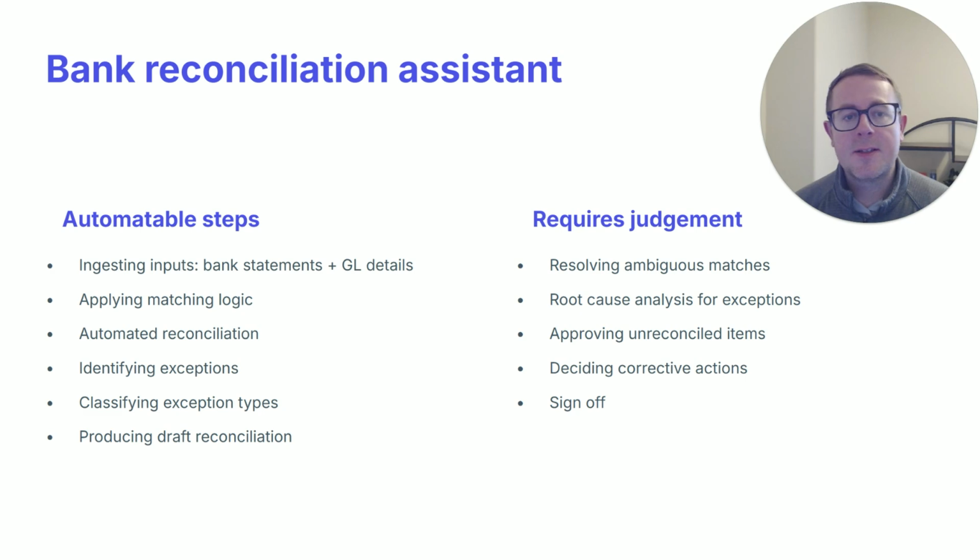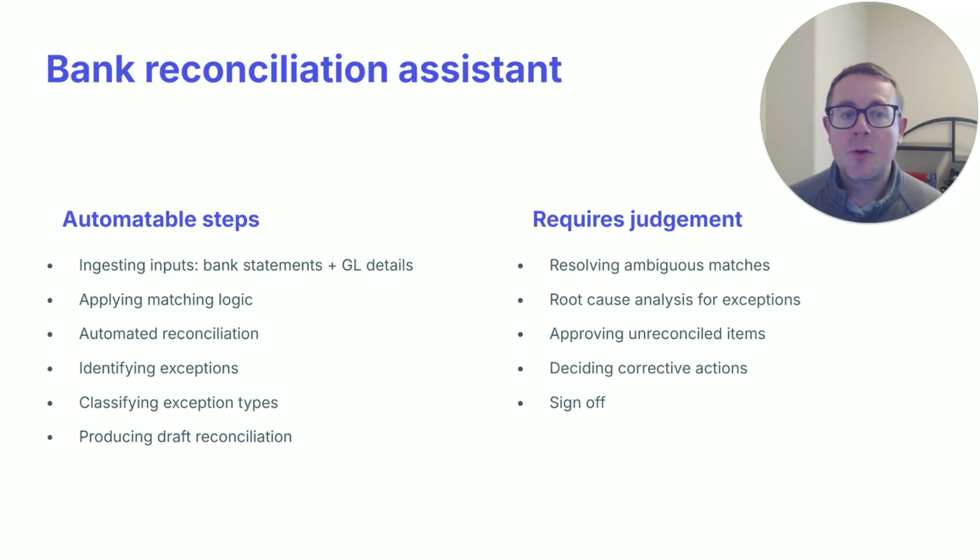So in terms of the tasks that I think we can automate, that's going to include the ingestion of the inputs that we need, our bank statements, and details of the general ledger tied to those bank accounts. We need to understand the matching logic that's going to be applied for this bank reconciliation.